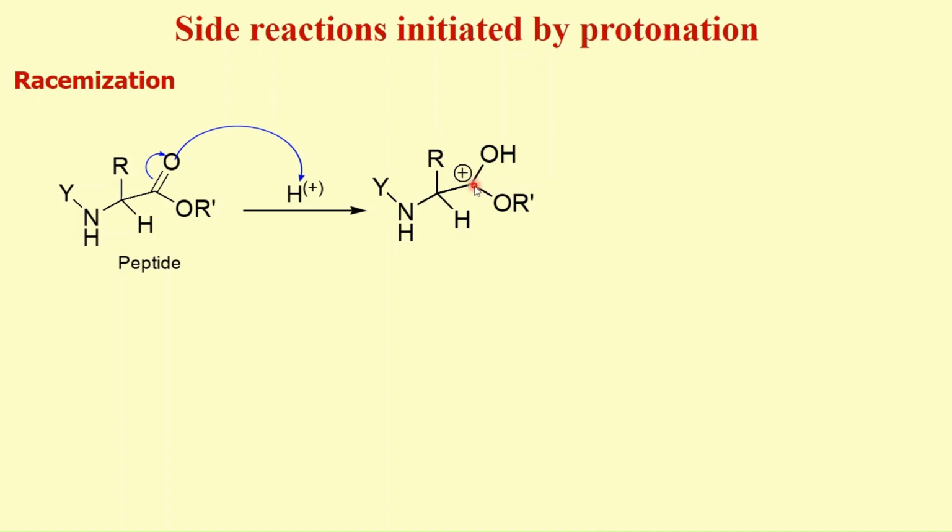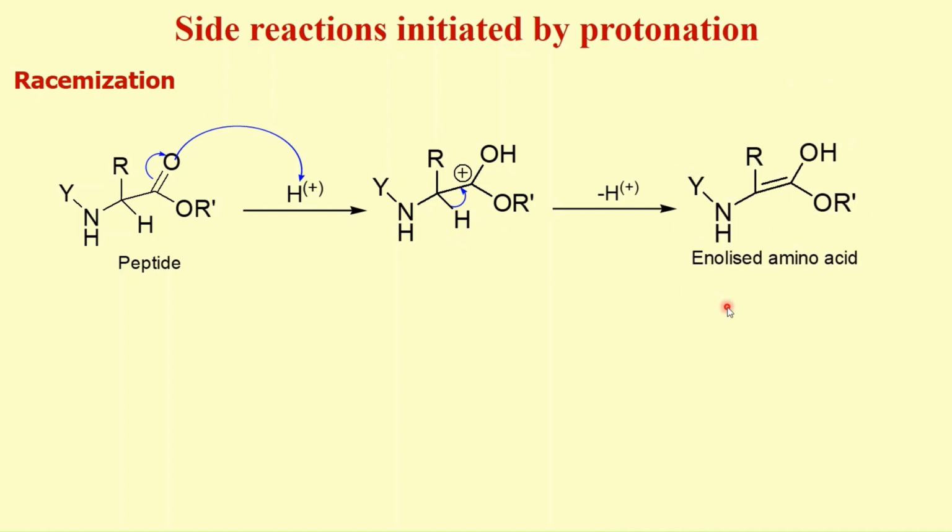Carbocation, as it is electron deficient, pulls the electrons from the adjacent carbon, making the proton attached to the alpha carbon acidic. In the presence of a suitable base, or generally to satisfy the positive center, the carbon nitrogen bond breaks and these electrons are utilized to satisfy the positive center and H plus gets removed, giving rise to an alkene, and the enolized amino acid is formed.